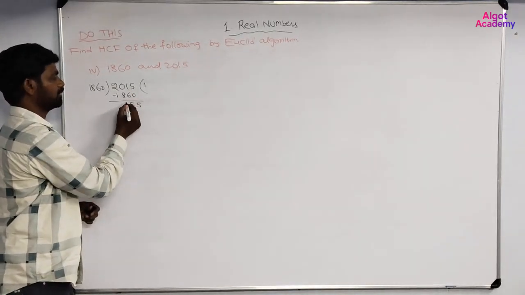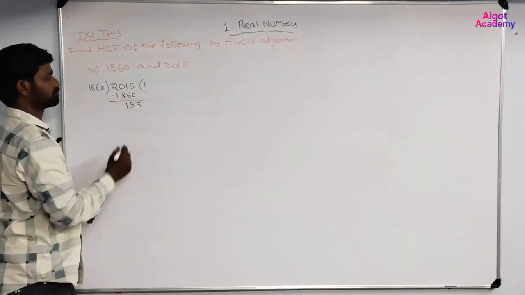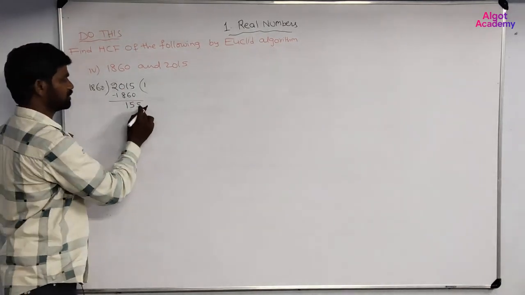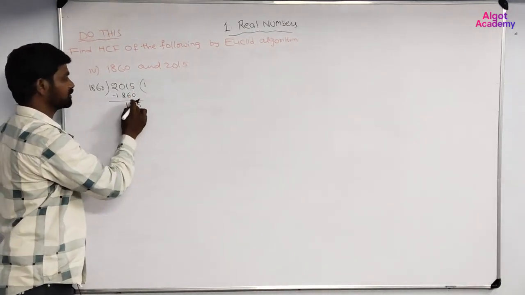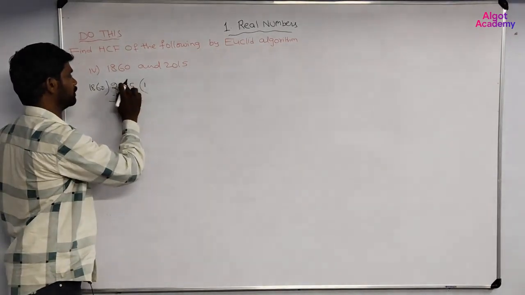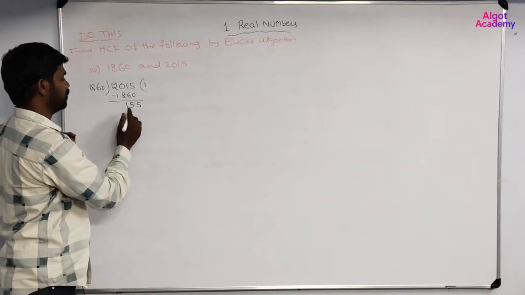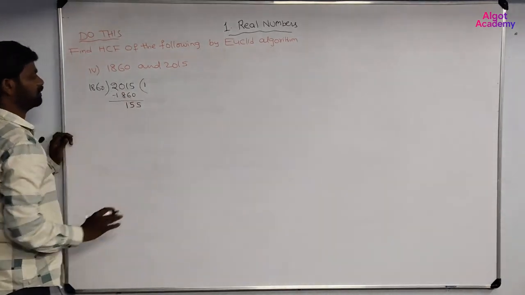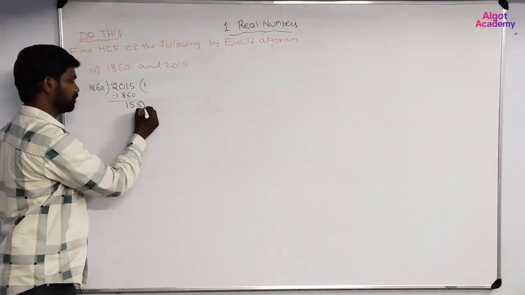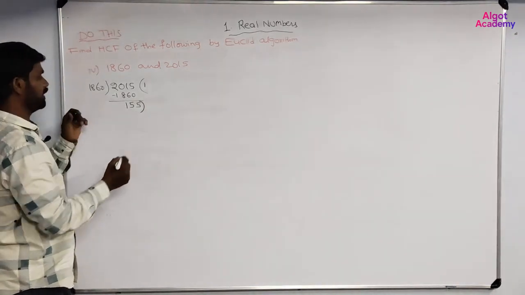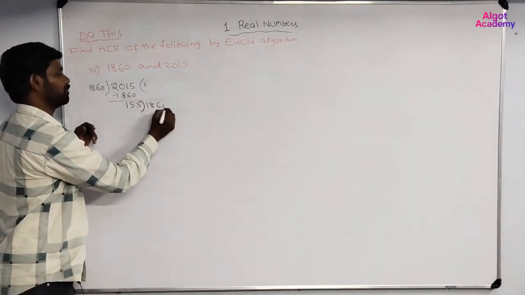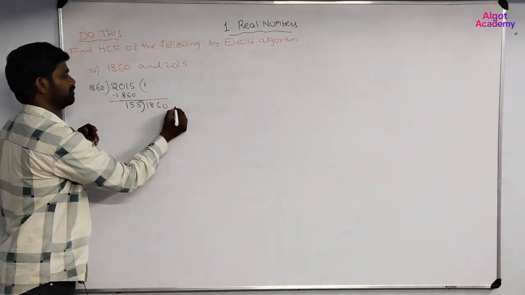Next, 9 minus 8 is 1. Okay. 1 minus 1 is 0. So this 155 becomes the divisor, and next 1860 becomes the dividend.